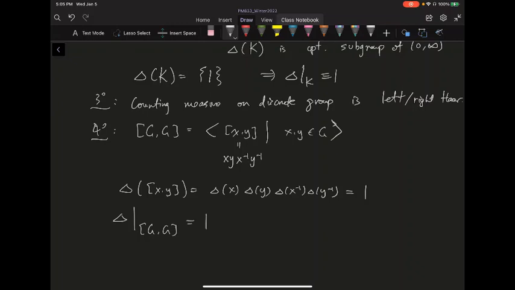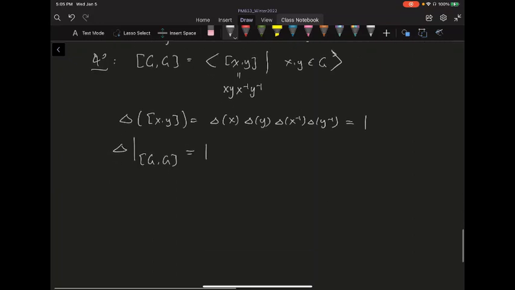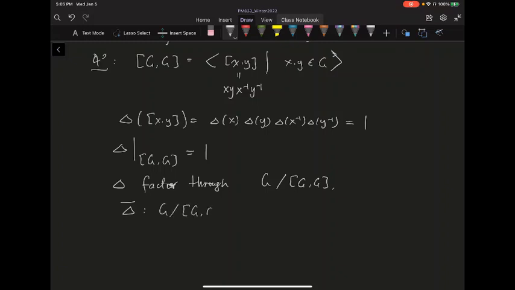You can think of it as delta being in the kernel of the map, so it factors through the quotient map, G mod the commutator group. So you have a delta bar from the quotient of G by the commutator group to 0 to infinity. That's also a continuous group homomorphism.